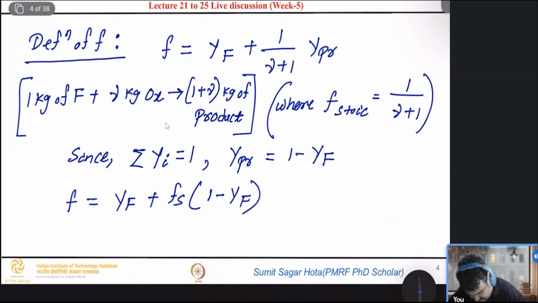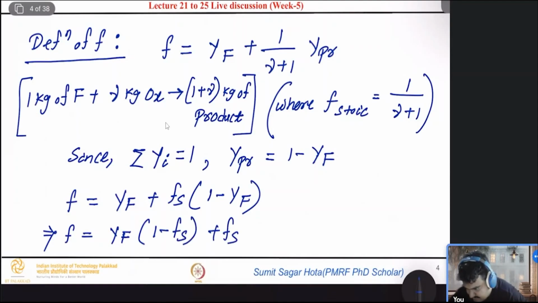Now rearranging, F is equal to Y_F into (1 minus F_s) plus F_s.